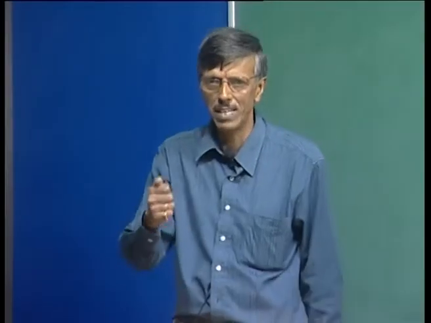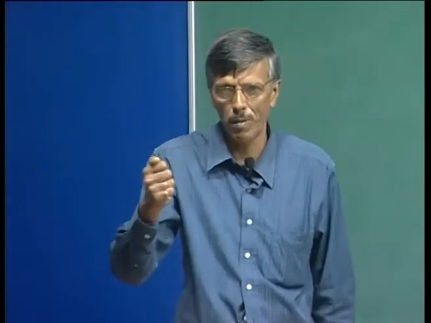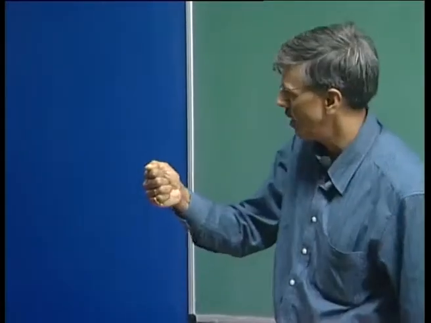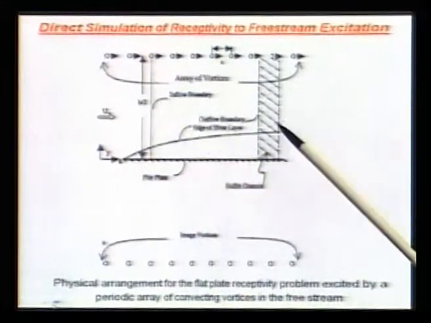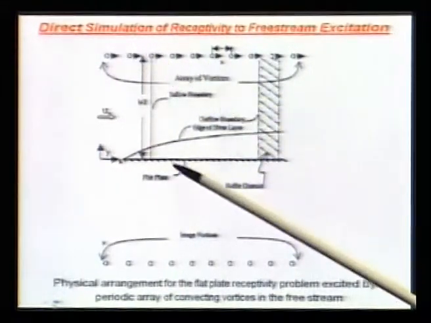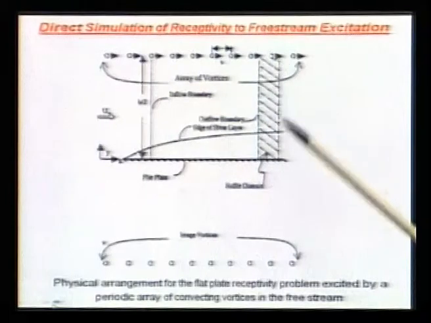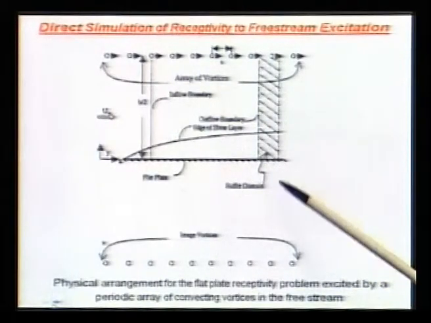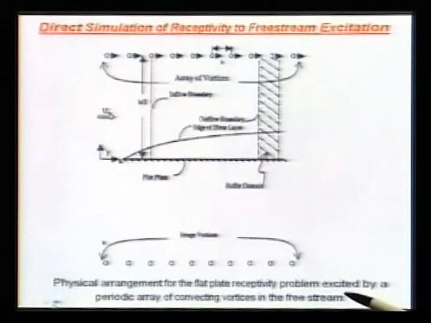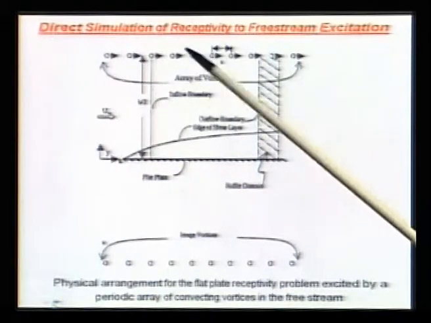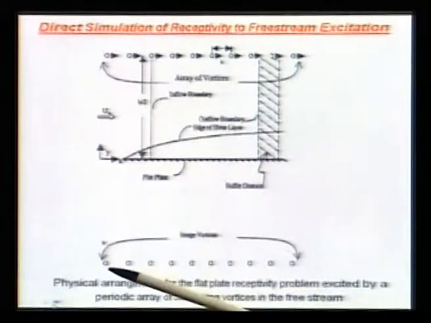So, this is basically your prototypical thought experiment, and then the boundary layer is developing, and these vortices are going very far above. What will happen? To satisfy the zero normal velocity, I should have an image system, right. So, these are your physical vortices, these are the corresponding image vortices.